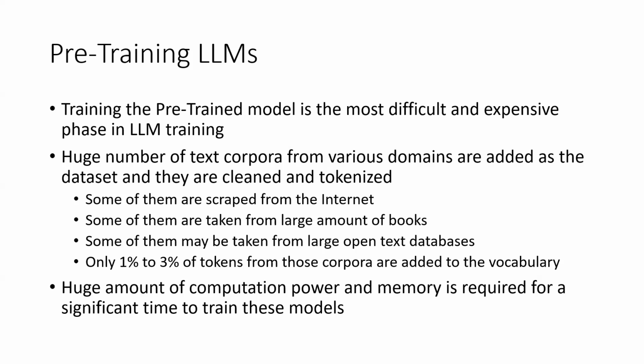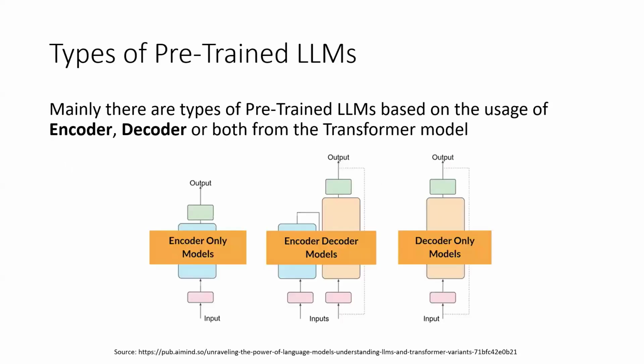You can download these open source models and skip the pre-training phase of the LLM because you don't have enough budget or technical capabilities to train it, right? And then you can move to the fine-tuning phase.